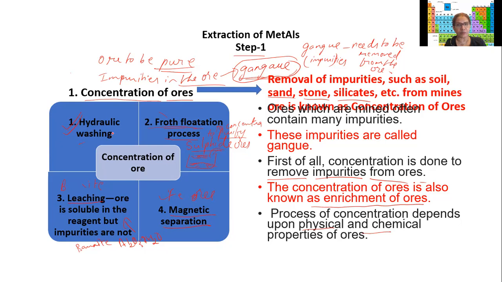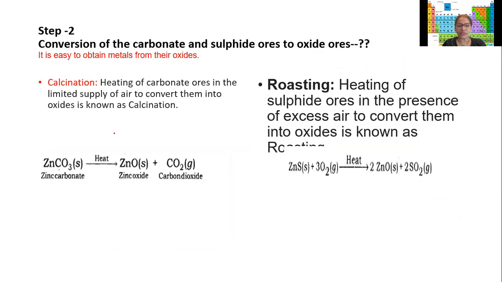So this is the first step: concentration of the ore, removing the impurities, known as gangue. This process is also known as enrichment of the ores. At least remember the methods. You don't have to explain them; you can just remember the methods, which depend upon the type of impurities present with the ore. Great. Okay, let's go to step 2.